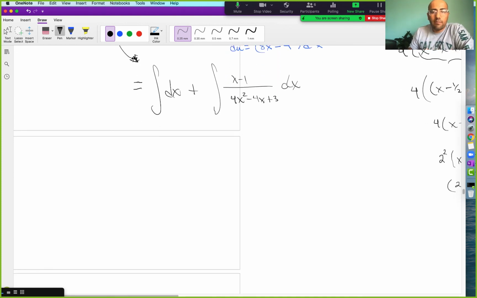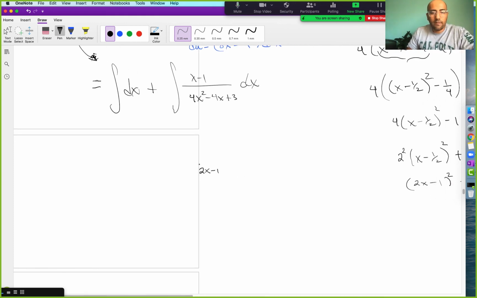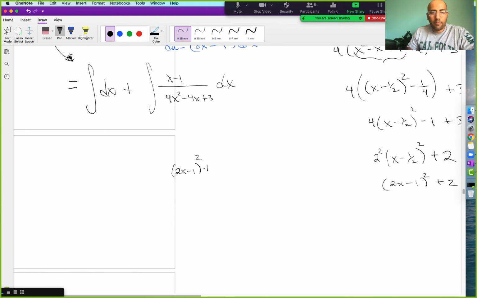Okay, so now the denominator, we saw that turns into 2x minus 1 squared plus 2. That's the denominator. And then there's this x minus 1 up here. So let's figure out a way to rewrite it with a 2x minus 1.